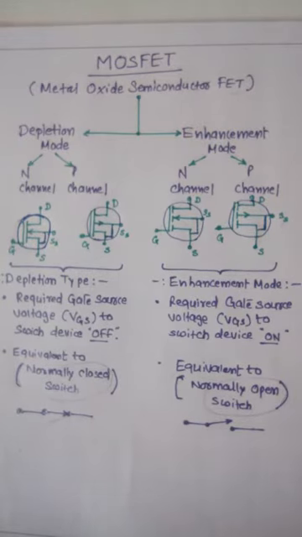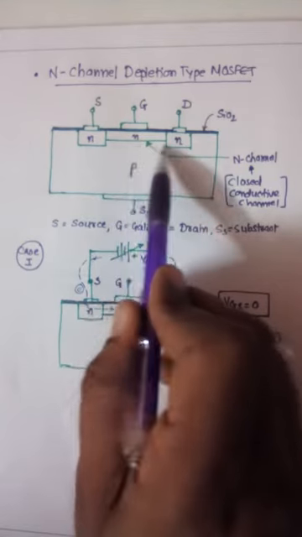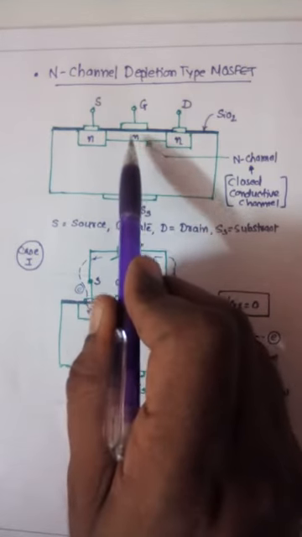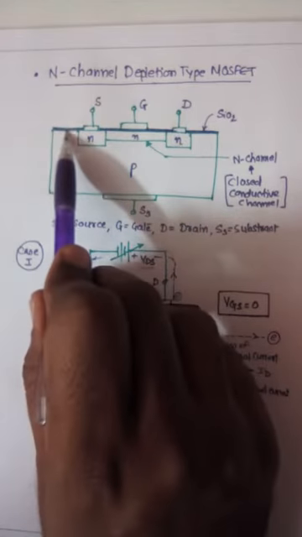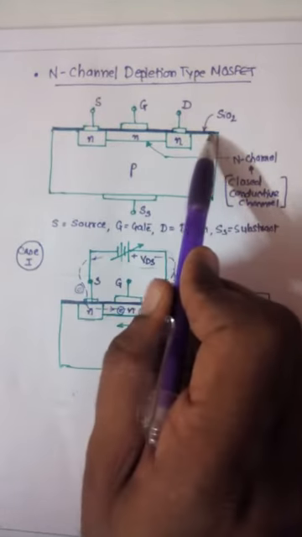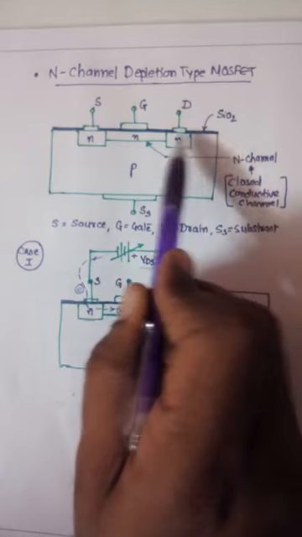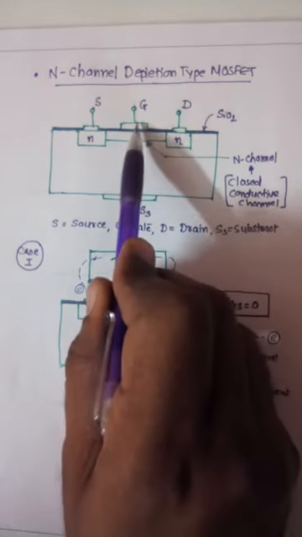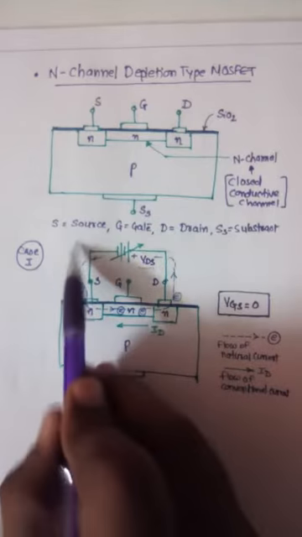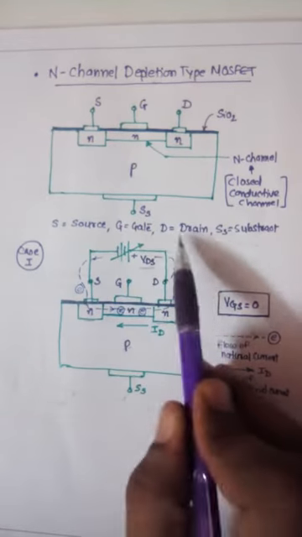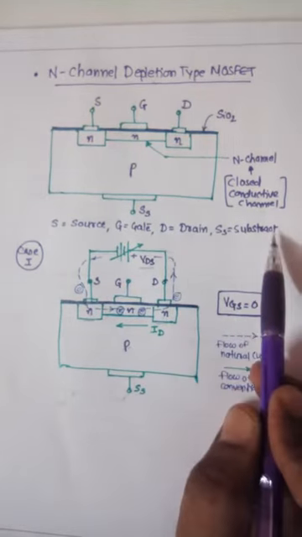In between these two, a conductive N type channel is available, and there is one gate terminal. A very thin layer of insulation, silicon dioxide, is placed between the gate and the substrate. Here S is the source, G is the gate, D is the drain, and SS is the substrate.